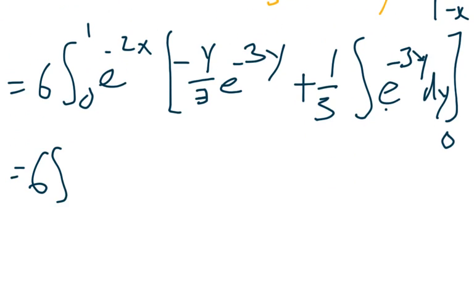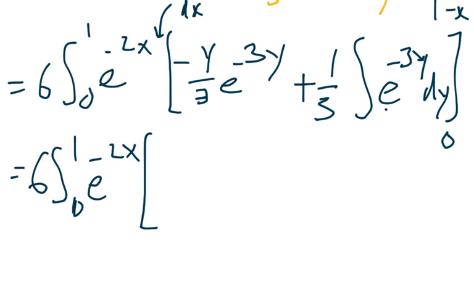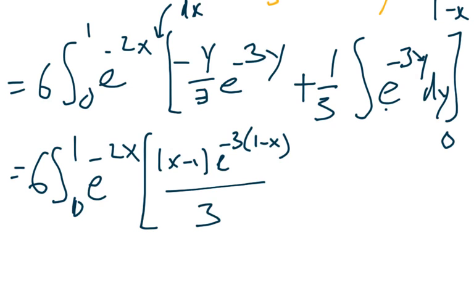Is equal to 6, 0 to 1, e to the minus 2x. Oh, and at the end we're going to have to do dx, right? I didn't leave myself room here, but we're going to have a dx in here. Okay, so we still have all this stuff. If I plug this in, I'm going to get x minus 1, e to the minus 3 times 1 minus x over 3.